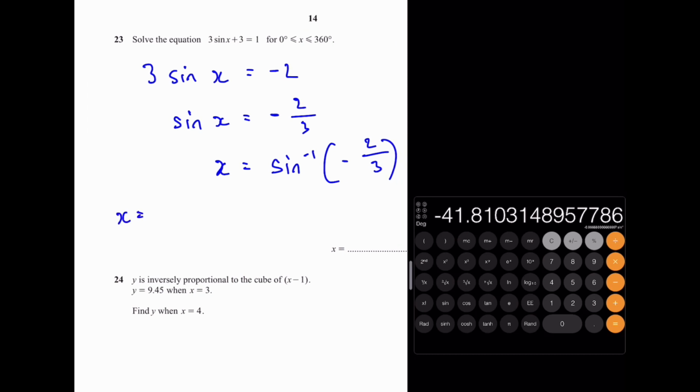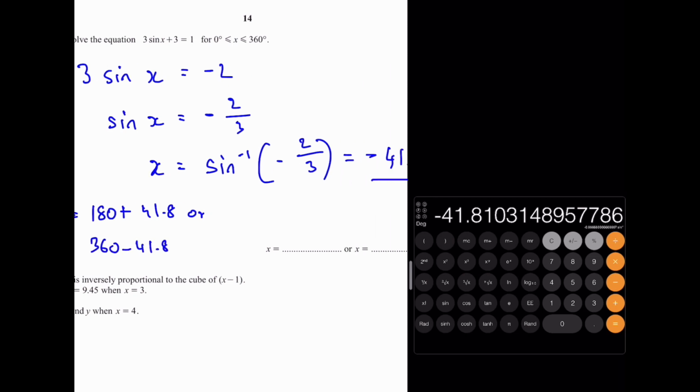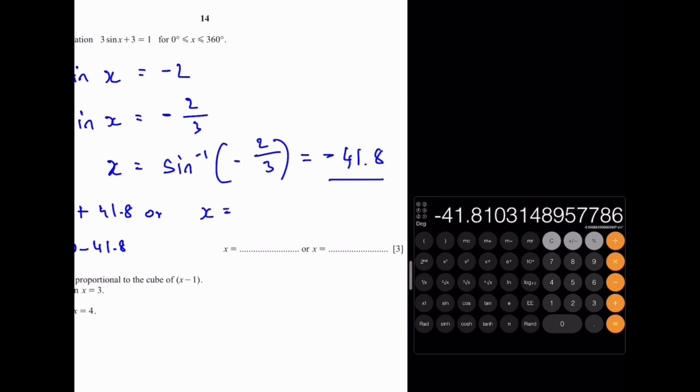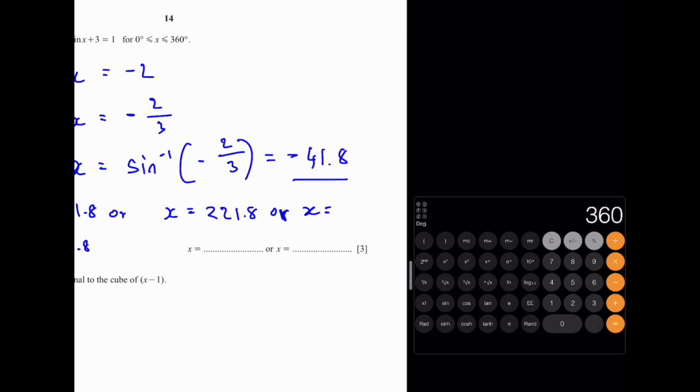So x is equal to 180 plus 41.8, or x is equal to 360 minus 41.8. That means x equals 221.8, or x equals 318.2 in degrees, of course. That's the answer.